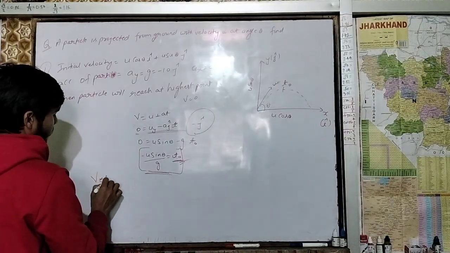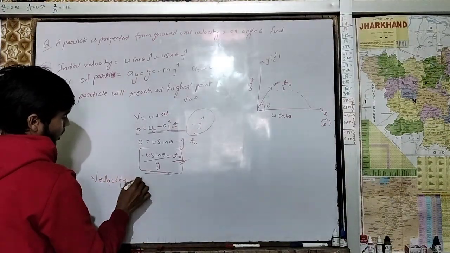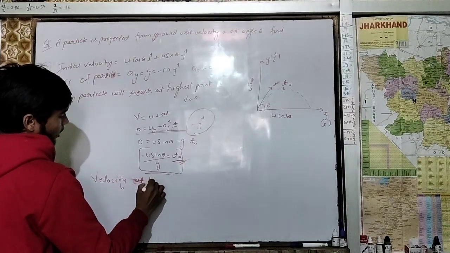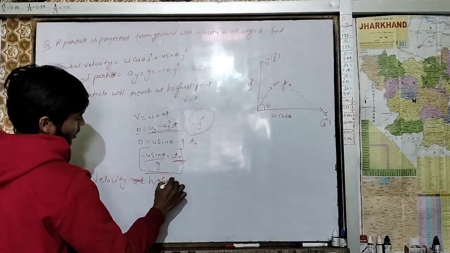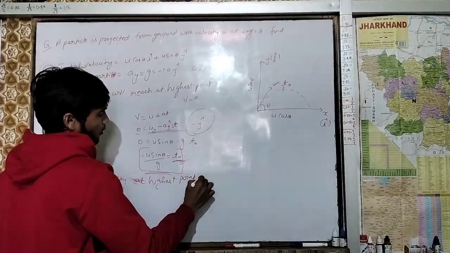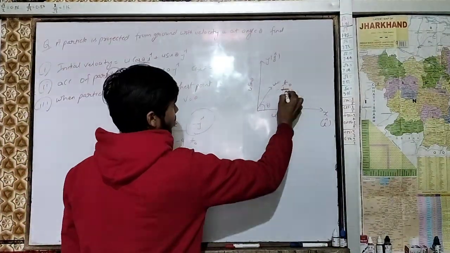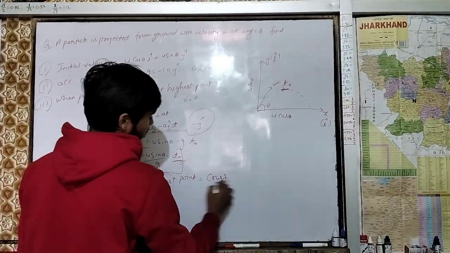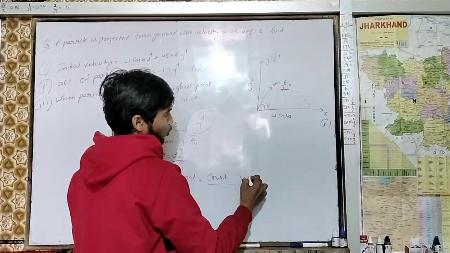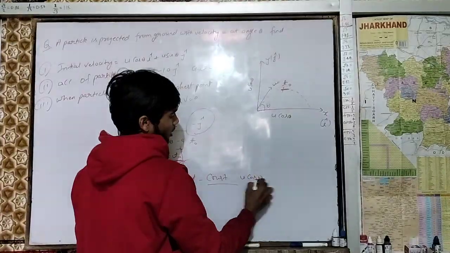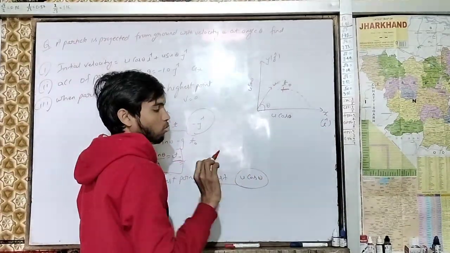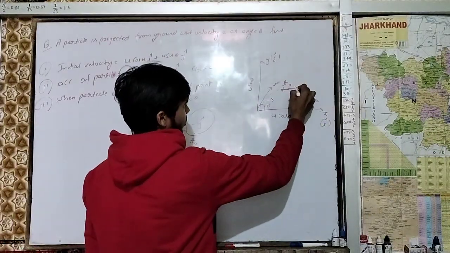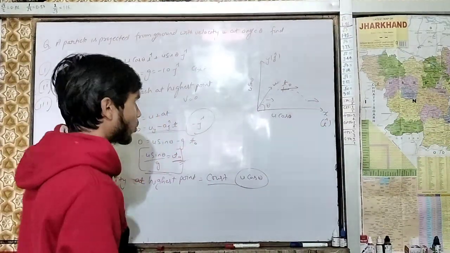Now velocity at the highest point. What will be the velocity at the highest point? The highest point is nothing but this highest point. Over here, what will be the velocity? You know for x this is going to be constant, which is u cos theta, forever constant. Here u constant, here u constant, over here it will be the same u constant.